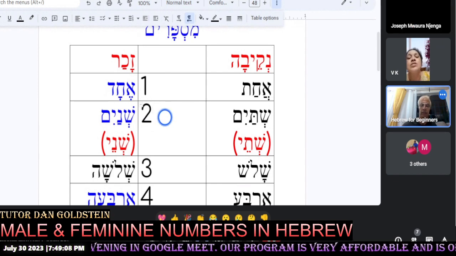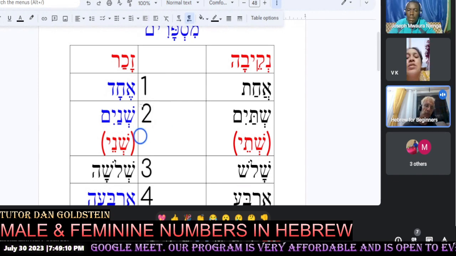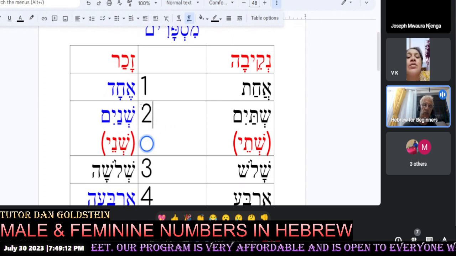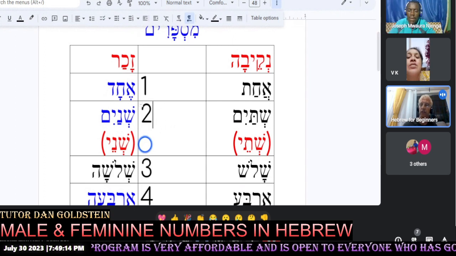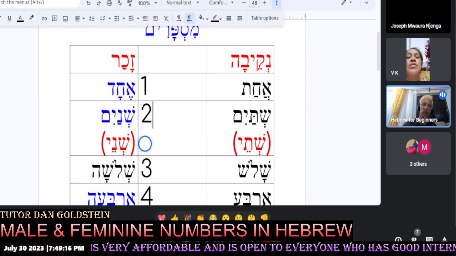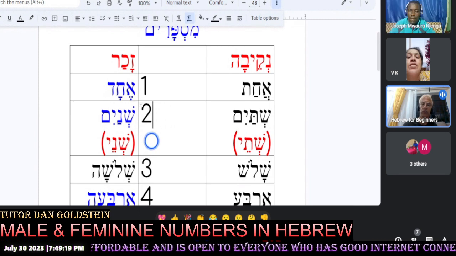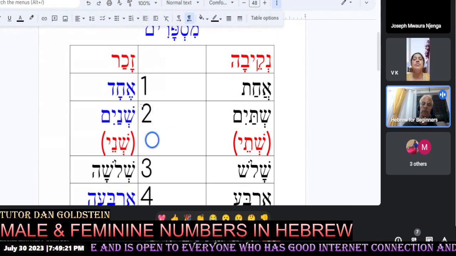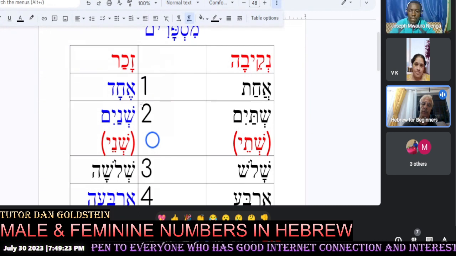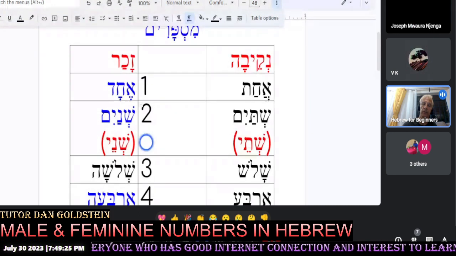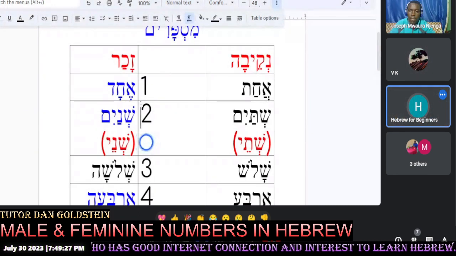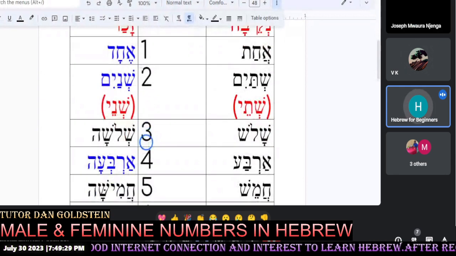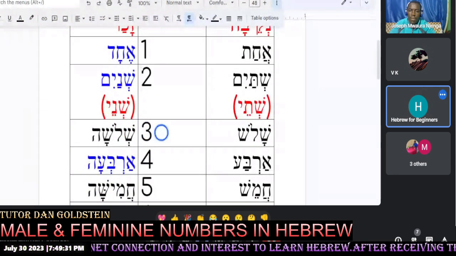And then we have a special exception with shnayim. Instead of shnayim, we use shnei. We don't say shnayim klavim for two dogs. We say shnei klavim.